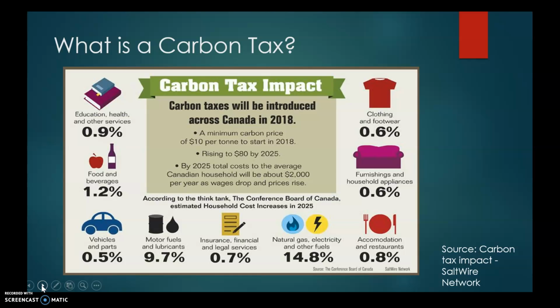And so here's a really good example of what Canada has done, is that they actually have put the sin tax, we call it a sin tax, on things that produce carbon emissions. So education and health services have a 0.9% tax on them. It's almost like a sales tax that goes on items. And of course, the item that requires the more carbon emissions to create has a higher tax to it.